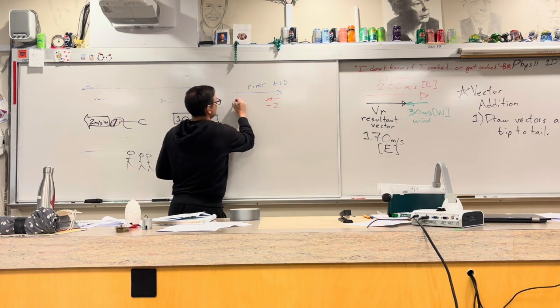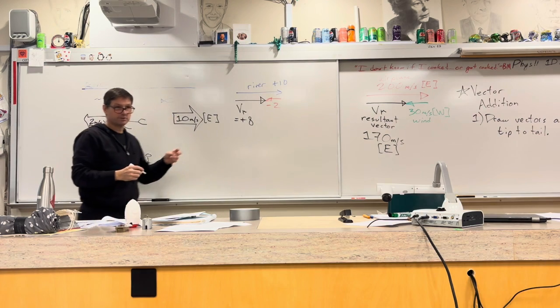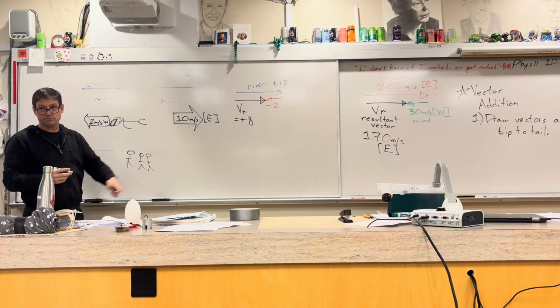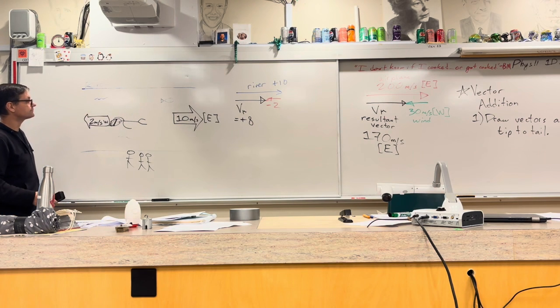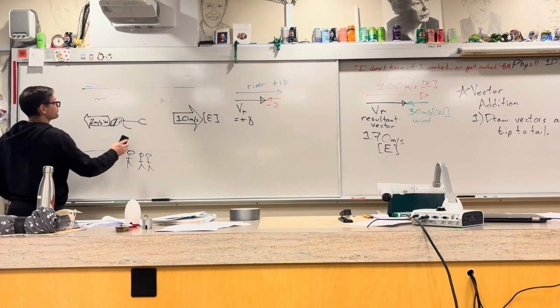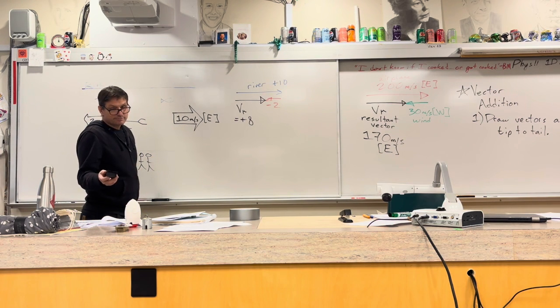Good. So you're going to say my VR, in this case, equals positive 8. So Mateo's absolutely right. You're going to see him moving to the right at 8. Right? Okay. Now, I'm sorry. It's going to get more difficult than this.